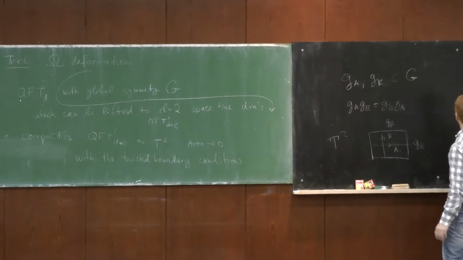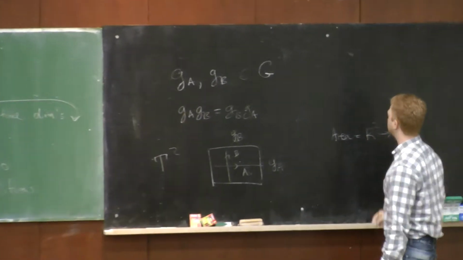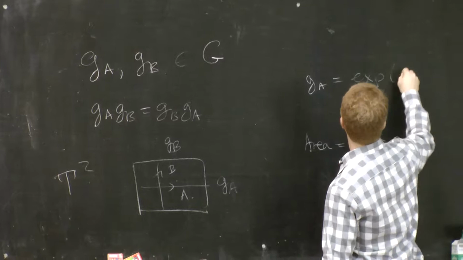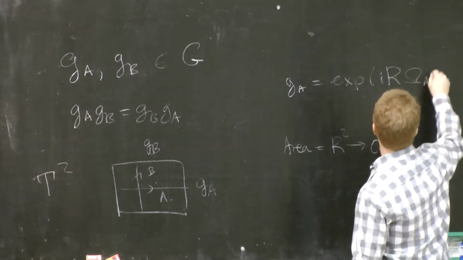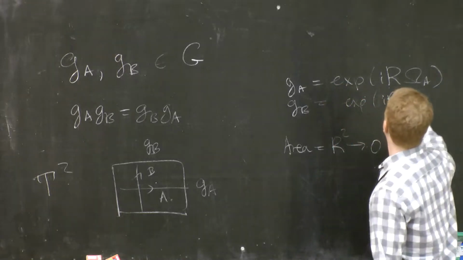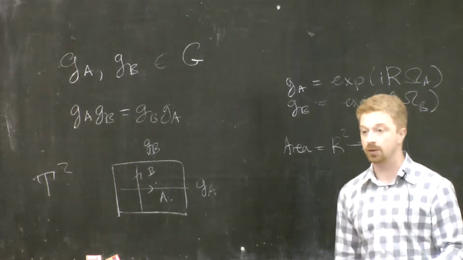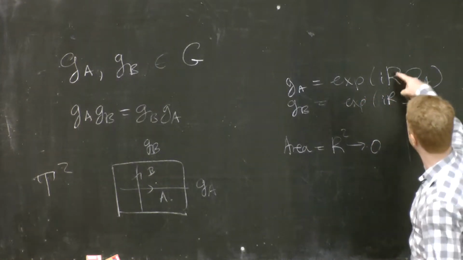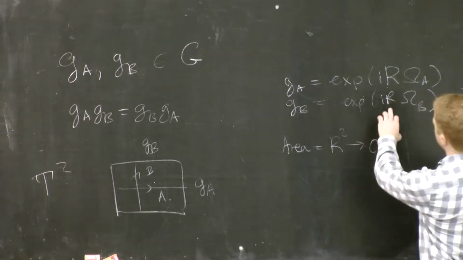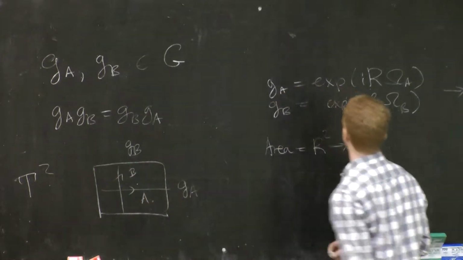Now let me take the limit when the area, which I will write as R squared, goes to 0, and G_A and G_B ascend to 1, but in such a way that the velocity at which they approach 1 is proportional to the size of the torus.